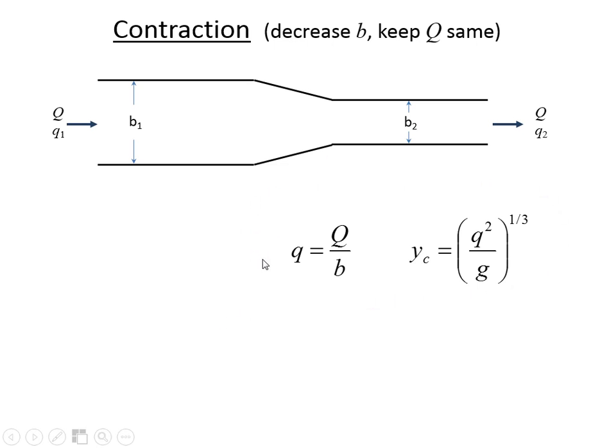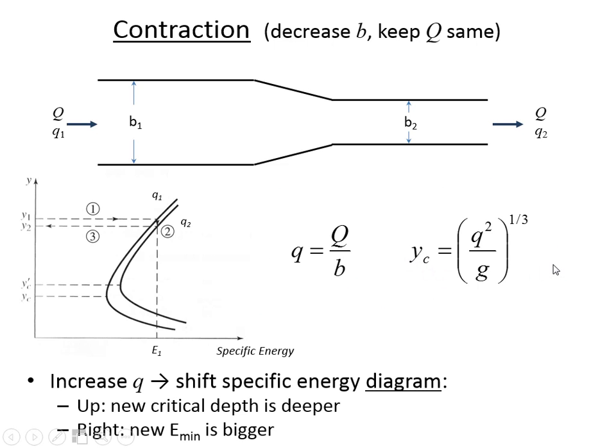As long as it's a rectangular channel, we can calculate the critical depth according to this formula. And it's important to take a look at the specific energy diagram. The specific energy diagram actually moves. Rather than using the specific energy diagram that we had before, where we're just at different locations on the diagram, here, if you've got a greater critical depth, then that means it's going to raise the specific energy diagram for the contracted flow, and it's also going to shift it to the right.